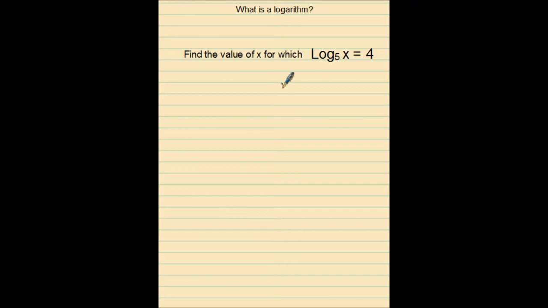Again, another problem asked in a slightly different way, but again I'm going to start it off in exactly the same way. You'll notice that all of these exercises I've always started off in the same way, and then solved it as necessary. So what is the index to the base 5 that results in the value x?